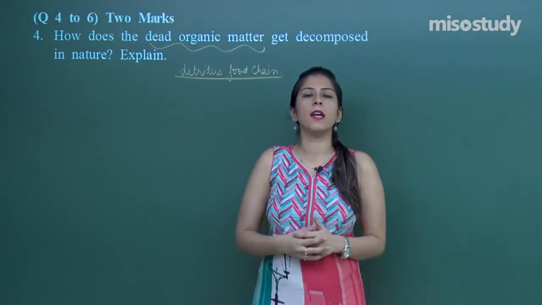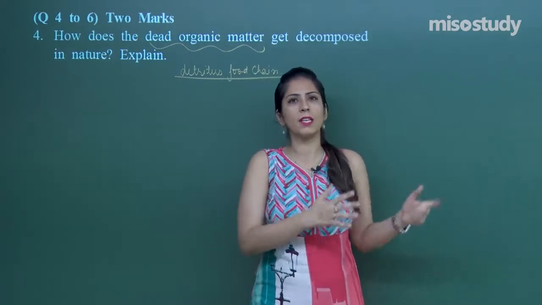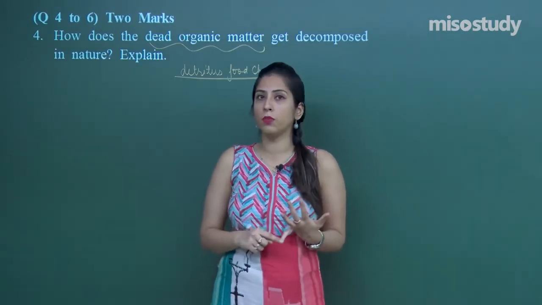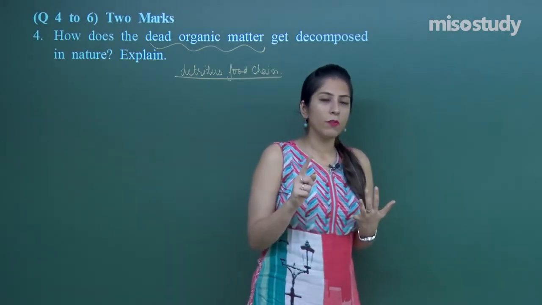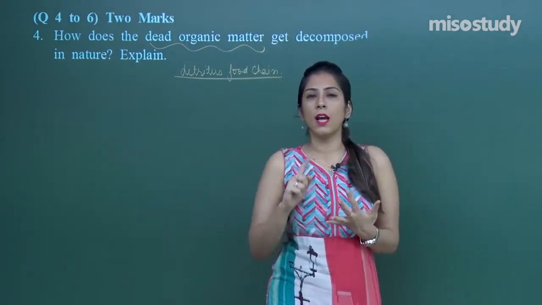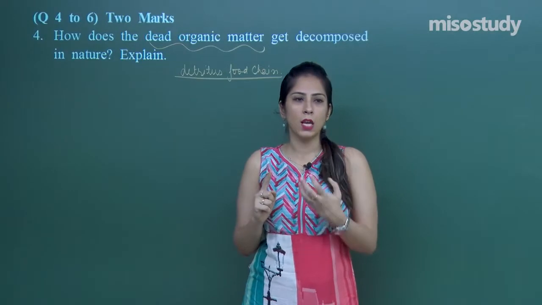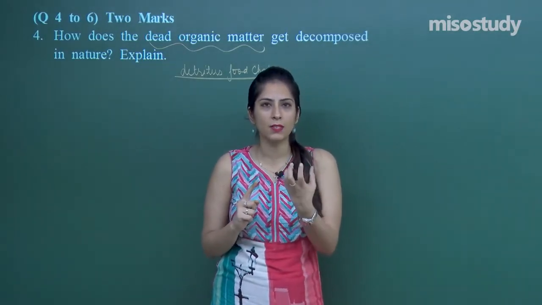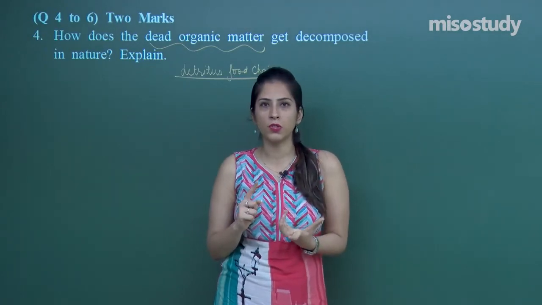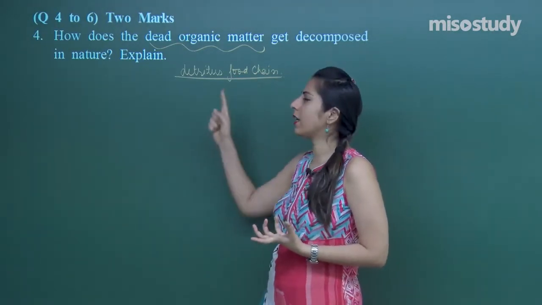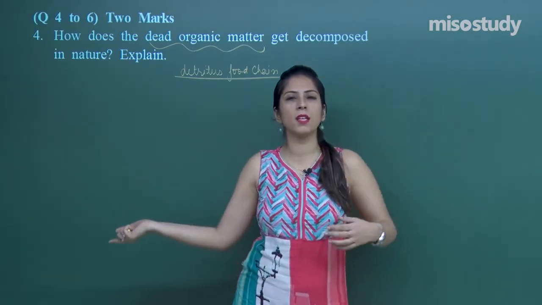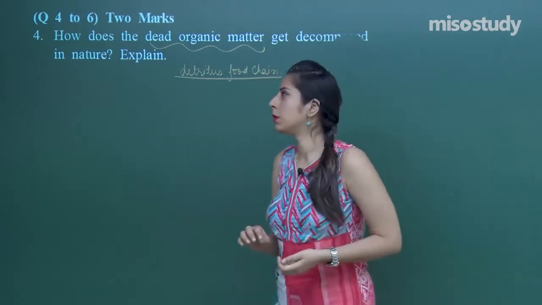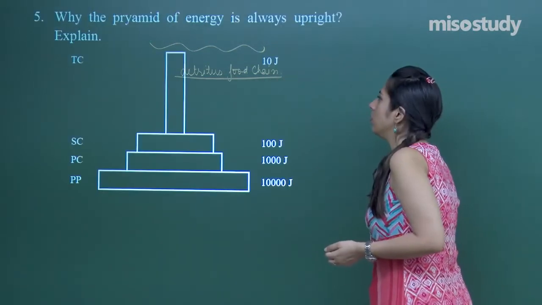When we talk about the detritus food chain, when I was discussing in the session, in the decomposition process, we have discussed different processes, in which humification is a very important process. The larger organic substances are converted into smaller organic substances, and that is called humus formation. So that is the detritus food chain, in which the organic substances converted to inorganic substances will be sucked by the bacteria. Now, let's move on to the next question.